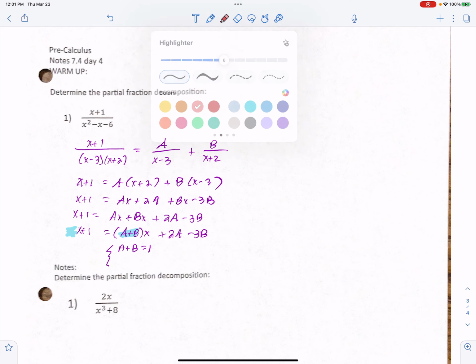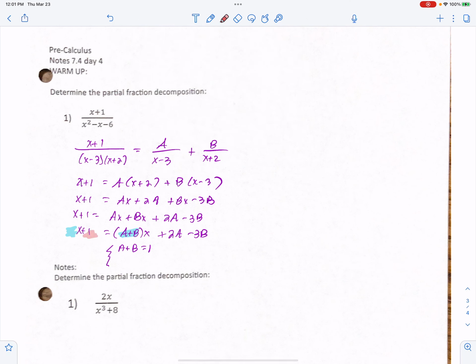And then for the constants, the constant on the left is 1, and the constant on the right is 2A minus 3B. And so 2A minus 3B has to equal 1. And now you have a system to solve.